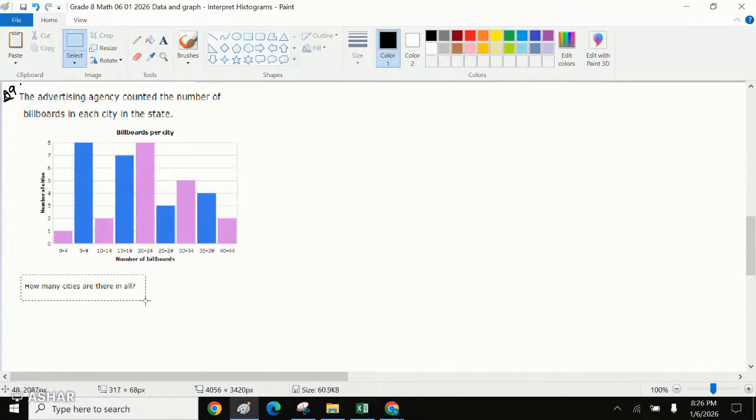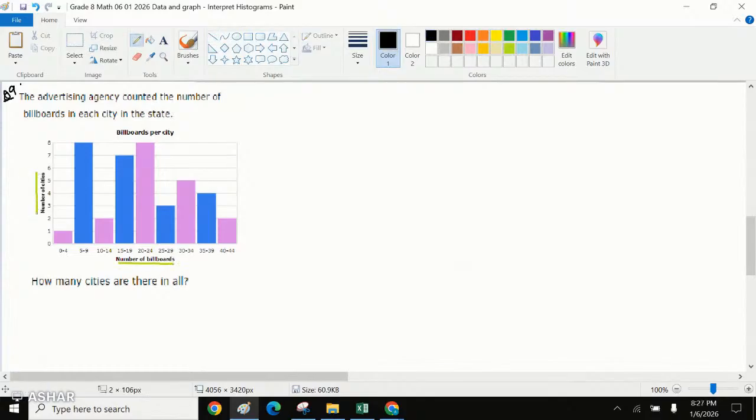They are asking how many cities there are in total. We need to find the total number of cities. What we can do is either make the grid and find the respective values, right? Let's see what is here, the number of billboards and the number of cities.